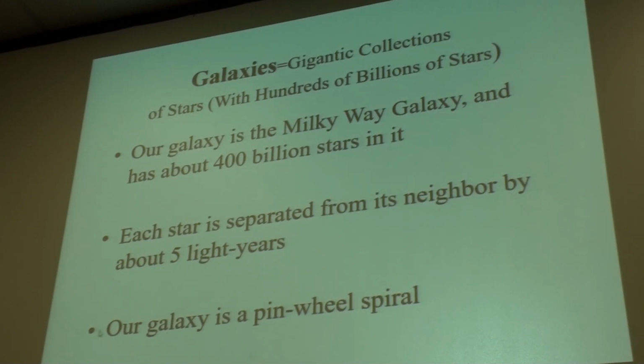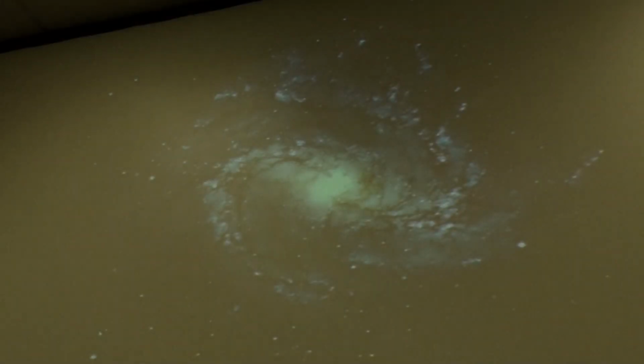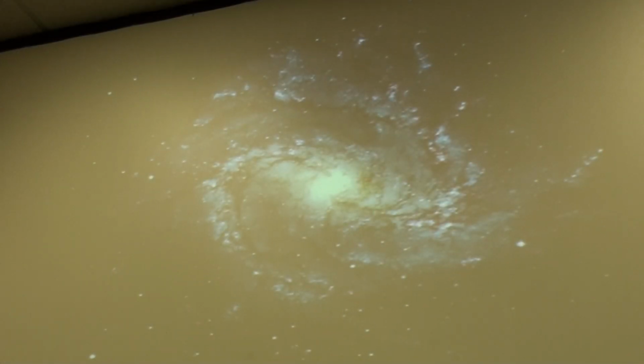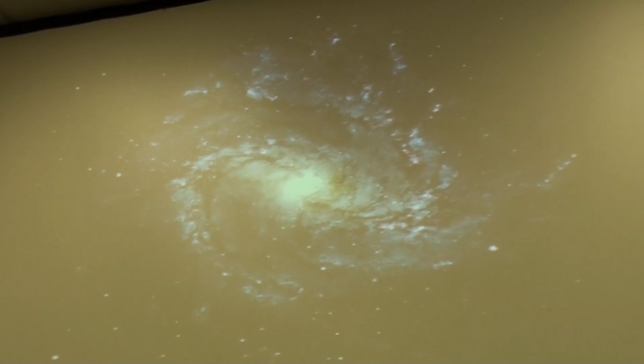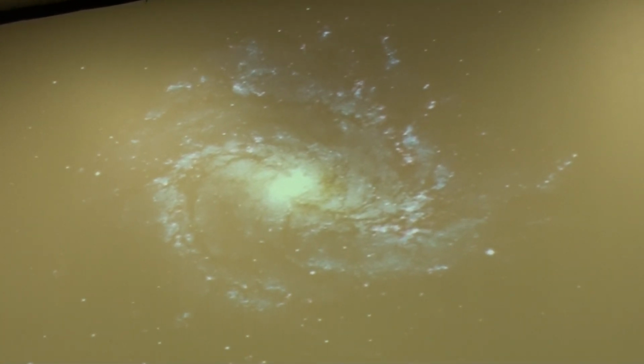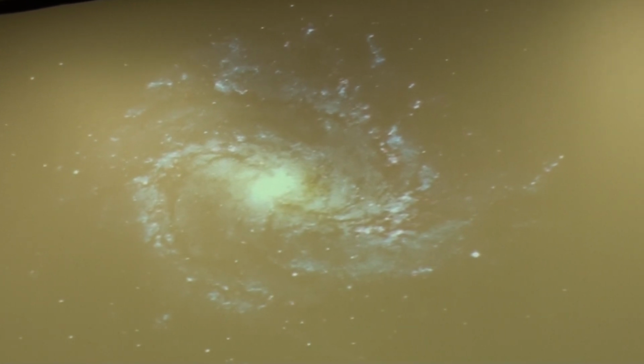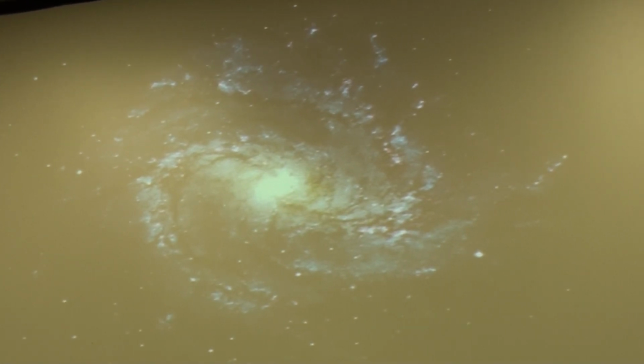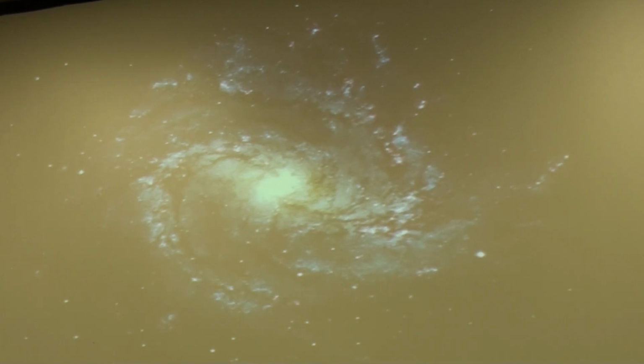And our galaxy is what we call a pinwheel spiral. And so here's a picture of a galaxy that we think looks like the Milky Way. We, of course, can't take a picture of our own Milky Way galaxy because we couldn't travel far enough to get that kind of a shot.